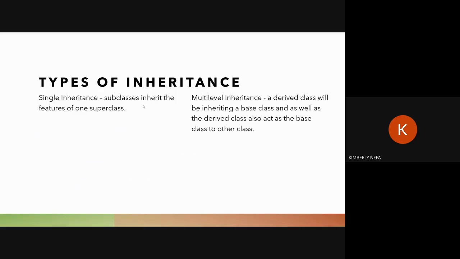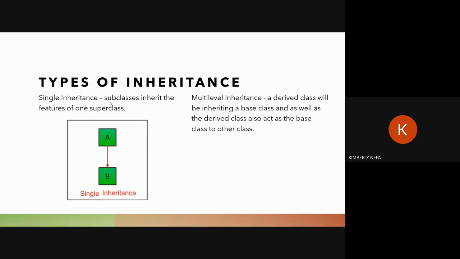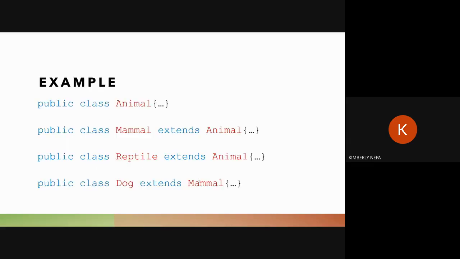We have three types of inheritance. We have the single inheritance and the multi-level inheritance and the hierarchical inheritance. So sa single inheritance, the subclasses inherit the features of one superclass. So as you can see from here, si A will be the superclass, and from the example, si mammal will be the parent class and si dog will be the child class.